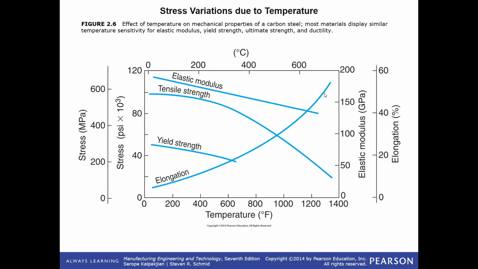As things get more brittle, they're not going to stretch as much. You end up seeing this drop, right? So we get this drop down to here, and you see we get less elongation. So the modulus of elasticity is going to stretch less.